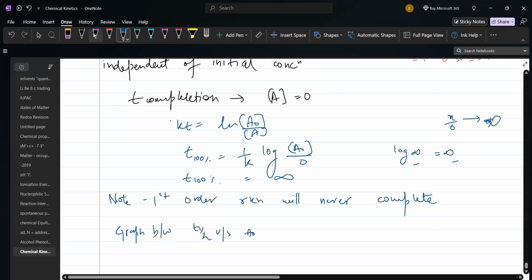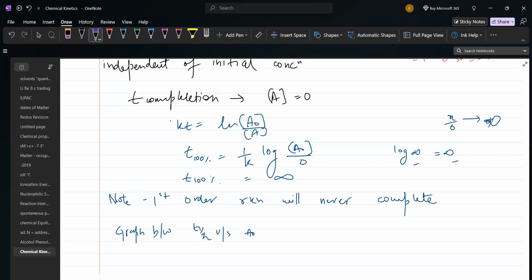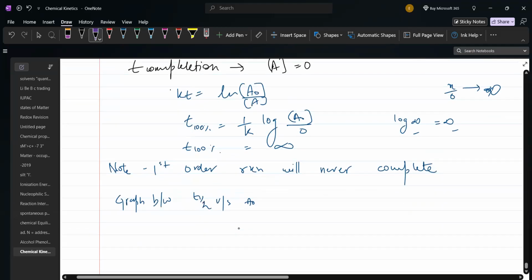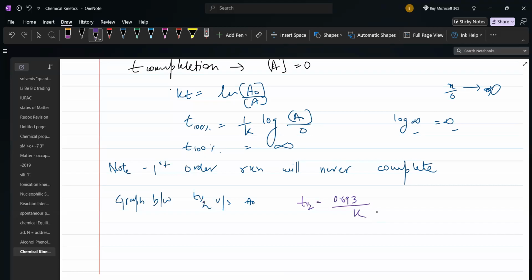We have seen that T half does not depend on A naught, the initial concentration, right? Why? Because T half we know is only ln2 upon K, or 0.693 upon K. Yes or no? Yes, sir.